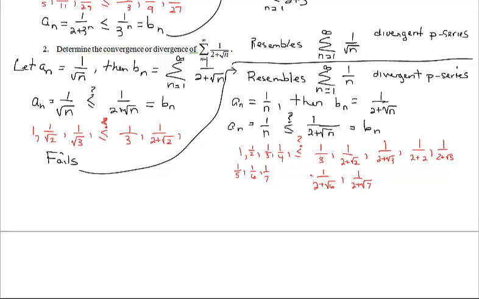Let's look at this term compared to 1/6. Well, the square root of 6, if we were to calculate that, is 2.4 plus 2. So that's a little over 4 as a denominator, and so 1 over that number, okay, is going to be larger than 1/6.